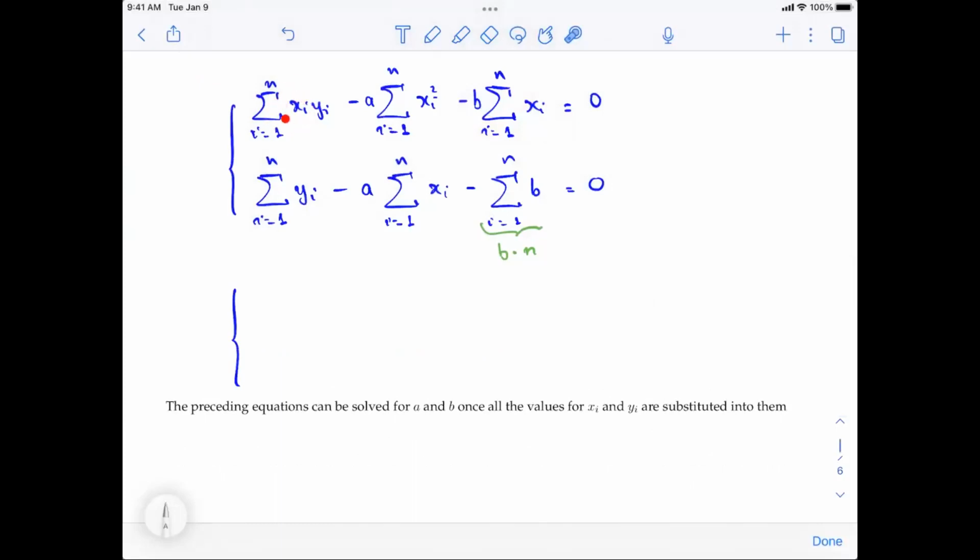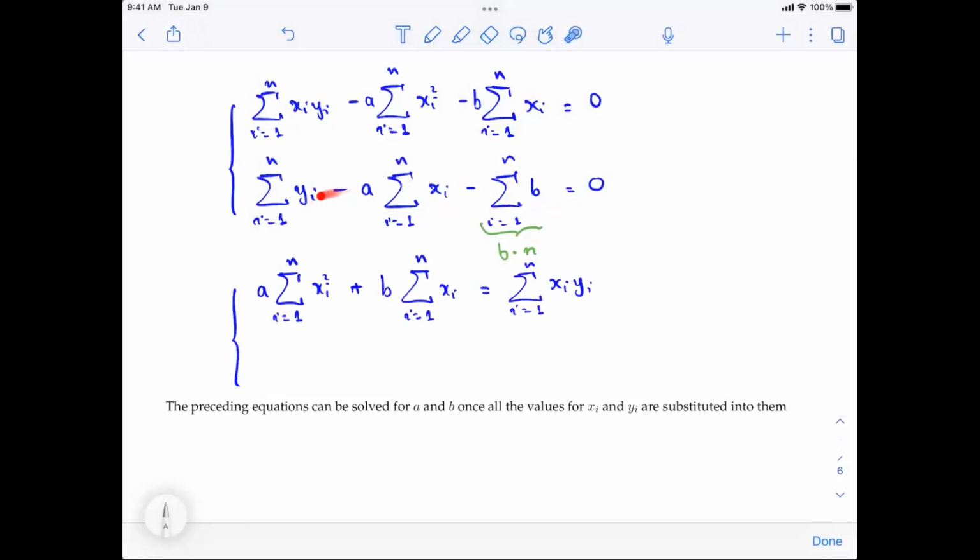So we're going to move this to the right hand side and multiply by -1 across. The first equation becomes a times the summation for i going from 1 to n of x_i squared plus b times the summation for i going from 1 to n of x_i equal to the summation for i going from 1 to n of x_i y_i.